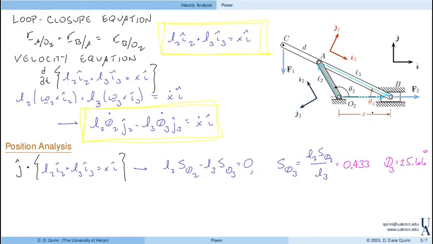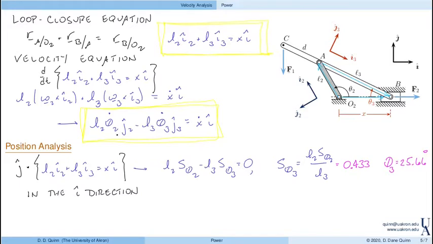We can now actually go back and find x. We don't need it, but since we're here, let's just look at the component in the I direction, because we now know theta 2 and theta 3.